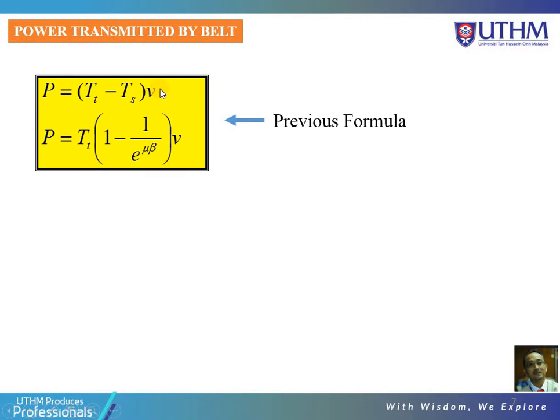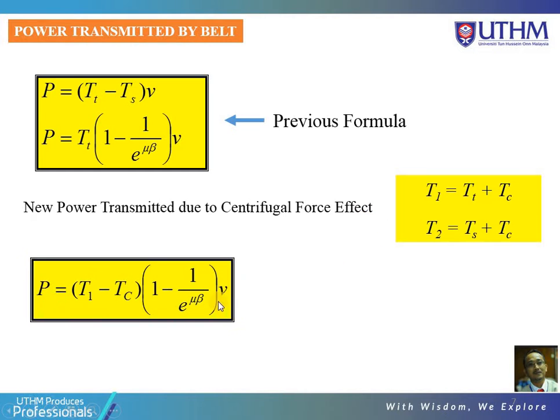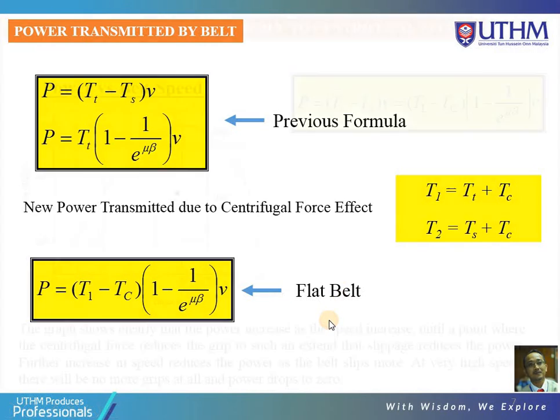Okay, what about the power transmitted by the belt? This is from the previous formula, the power that could be transmitted by the belt. But when we consider the centrifugal force effect, we need to consider Tc, the centrifugal tension. So this is the power that could be transmitted by the belt, but this one is for a flat belt.